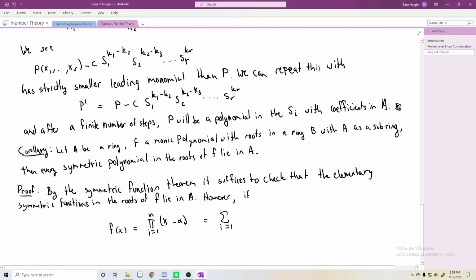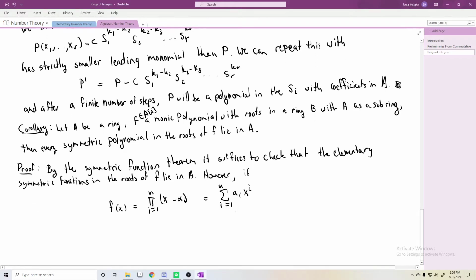So I can write it as a product over its linear factors, or as a sum of monomials. I should tell you this is a polynomial in one variable. F is a sum of monomials, powers of x.